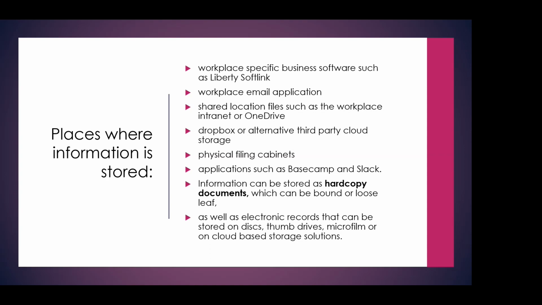There are other applications where you can store information. It can be stored as hard copies, which can be either bound or loose leaf. Then you can have so many electronic records, right? You can have disks, thumb drives, microfilm, or cloud-based storage solutions. It seems like electronic records are the biggest challenge of organizations today.